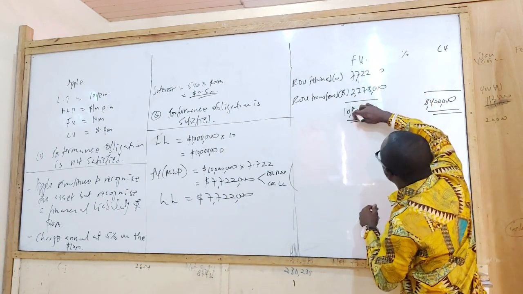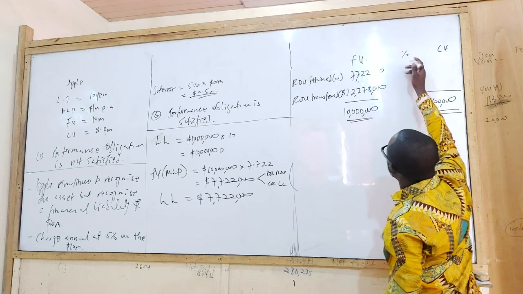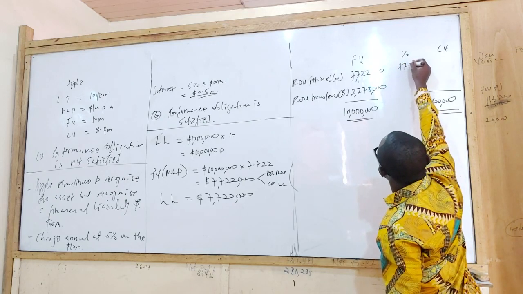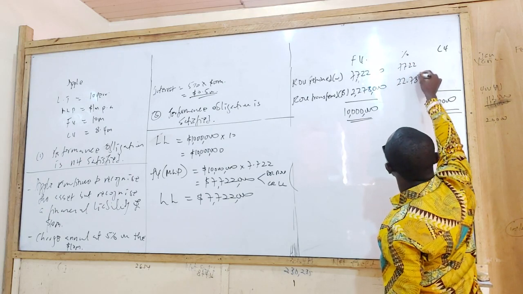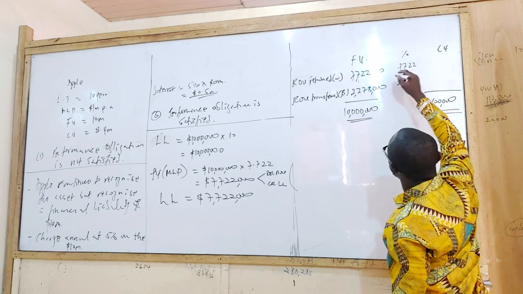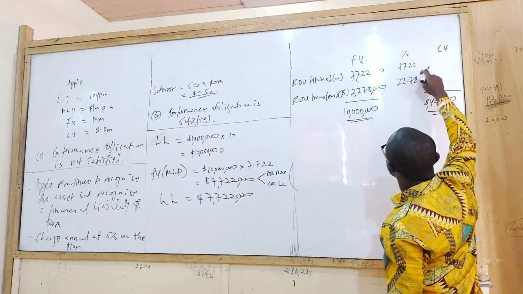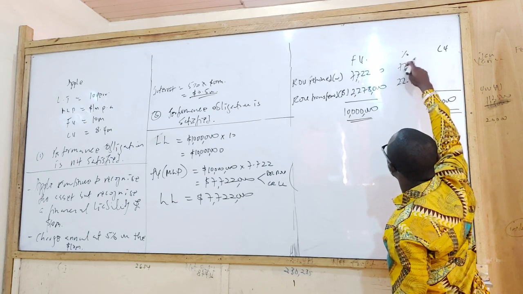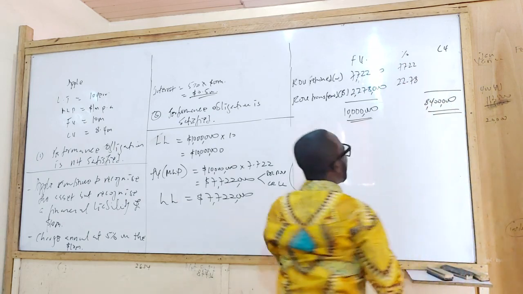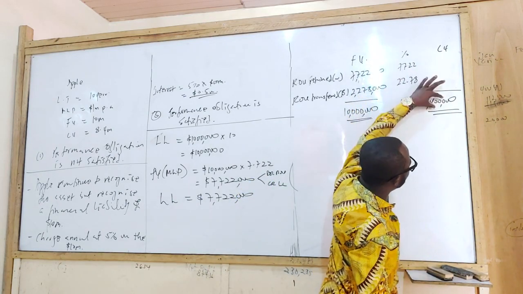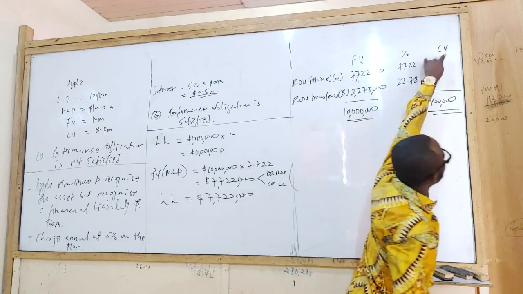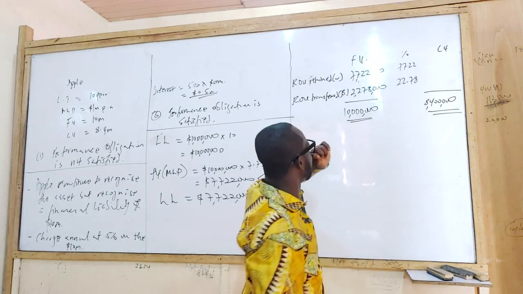This divided by this times 100. That is something like 77.22%. This will be like 22.78%. Yes. So once we have that, you take 77.22% of this figure. That will be the right retained.